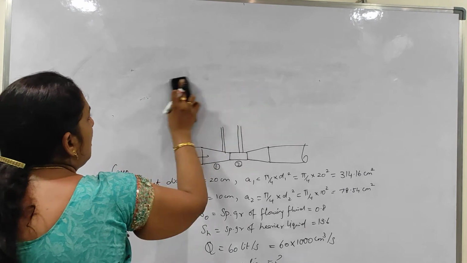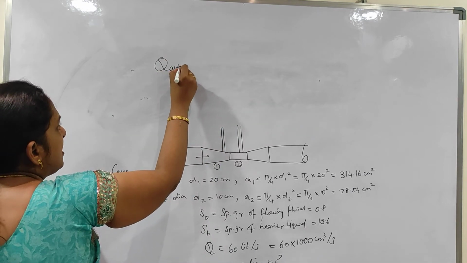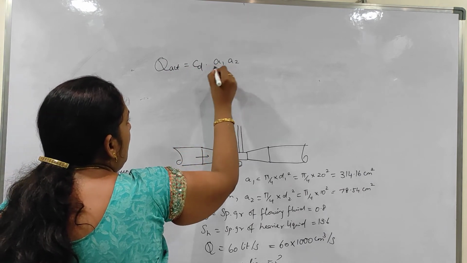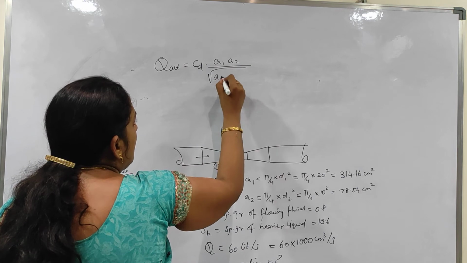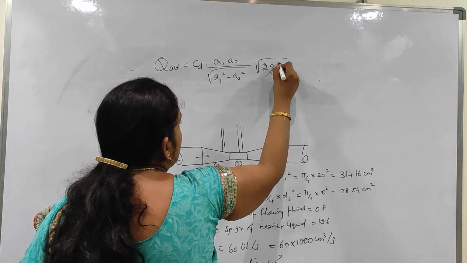So use that formula here. What is that formula? Q actual is equal to CD into A1 A2 by root of A1 square minus A2 square into root of 2GH. Right?